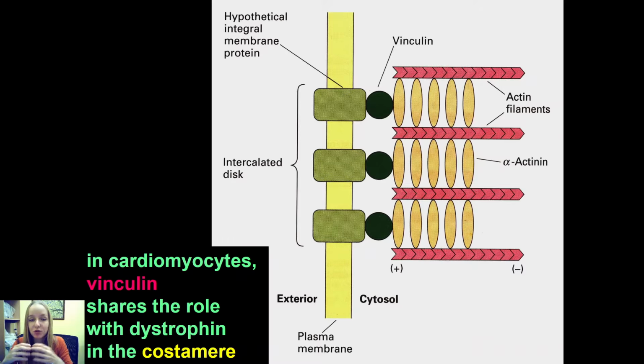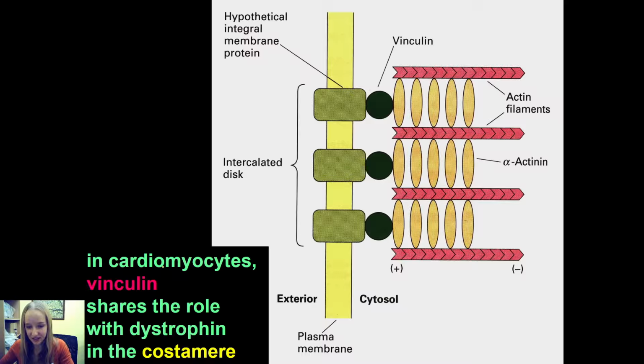This protein complex connected myofibrils together with the outer superficial lamina and the membrane of a muscle fiber. Here in cardiomyocytes it's kind of different. We don't have dystrophin here, which was very important in Duchenne dystrophy, as I said before. And that's very good because the heart muscle isn't affected in Duchenne dystrophy, since there's no dystrophin here.